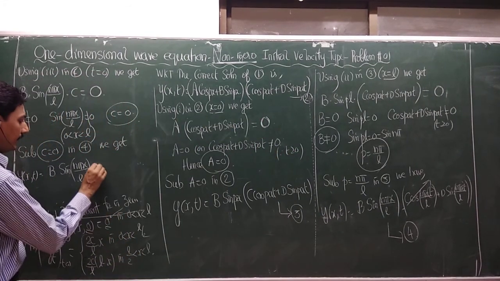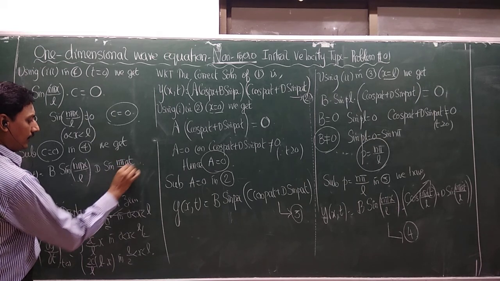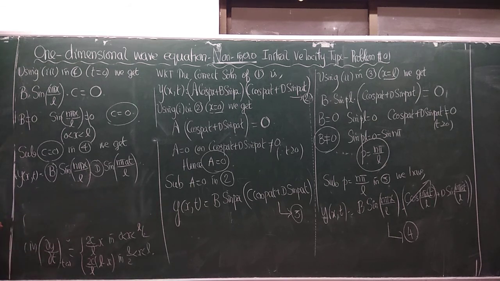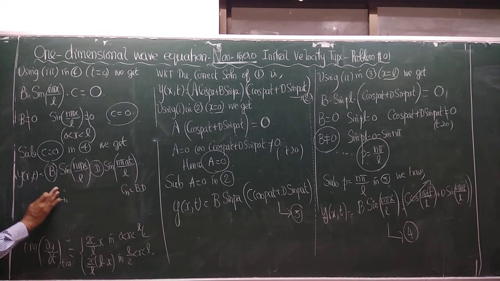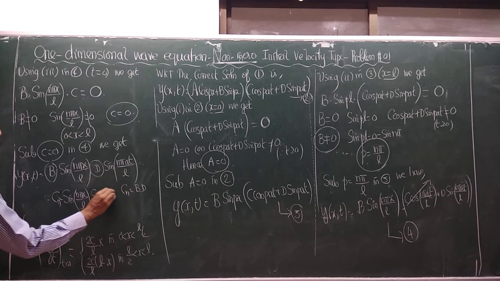So we get d sin n pi at by L. Now I can combine this b and d as the constant. When I combine b and d, I can name this Cn. So Cn sin n pi x by L into sin n pi at by L.